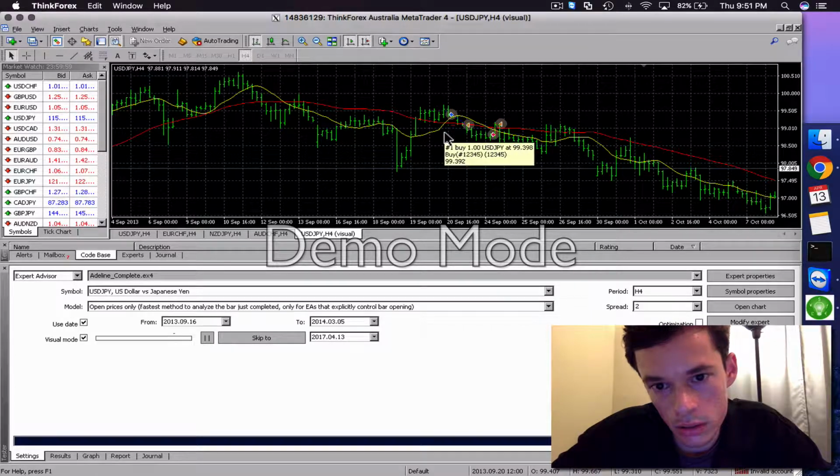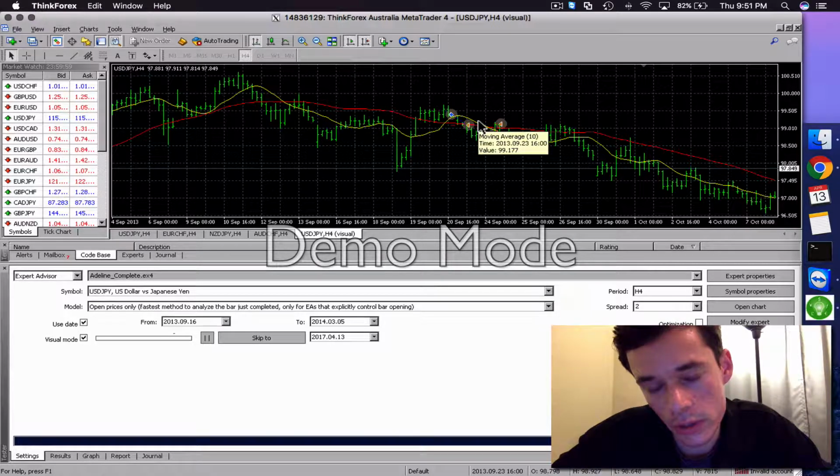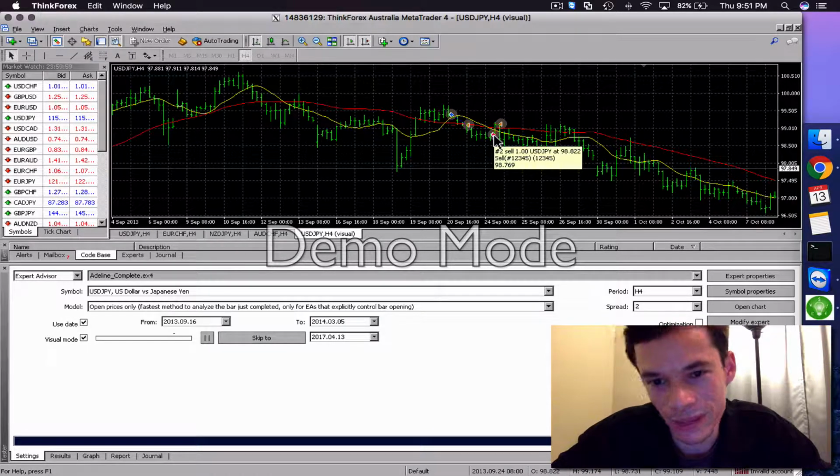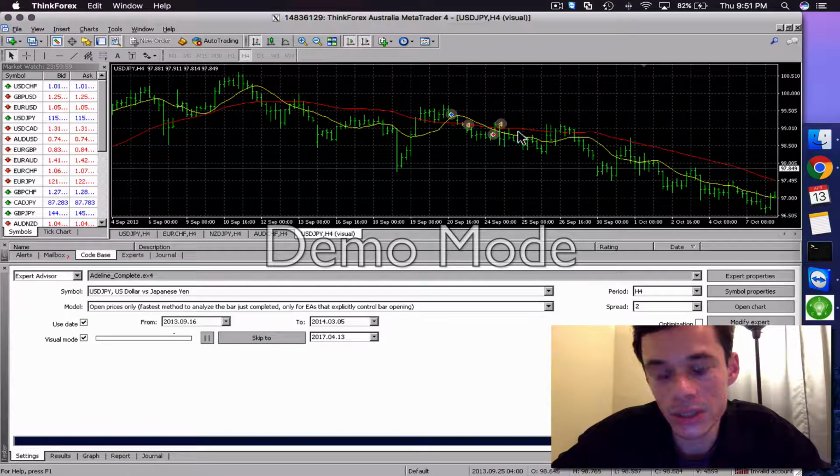And right here, you'll see that the SMA 10 crosses the SMA 40 from the top, I should say. And then you enter a short trade, meaning that you sell the US dollar Japan. And you're going to just continuously do that for the duration of time.